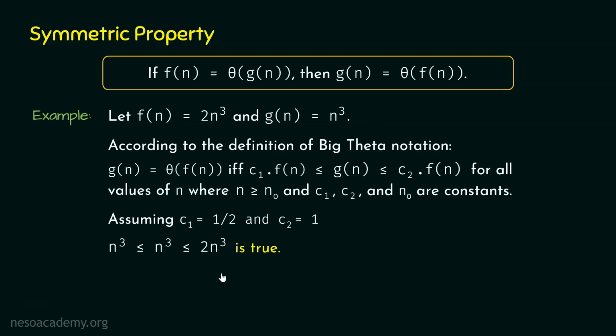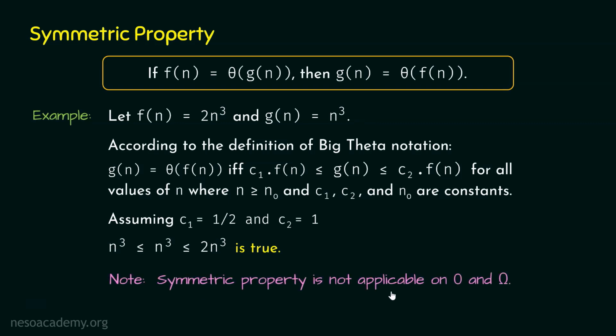Also, please note that symmetric property is not applicable on big O and big omega. The reason is that if we are saying Fn is big O of Gn, this means that Gn is asymptotically bigger than Fn, then how can we say that Fn will be asymptotically bigger than Gn? In the same way, symmetric property is not applicable for big omega notation.